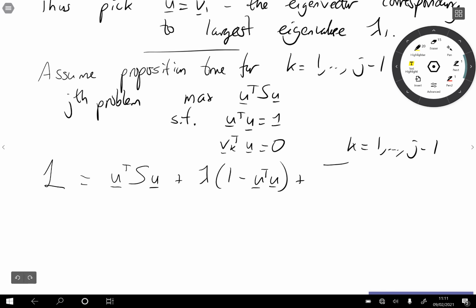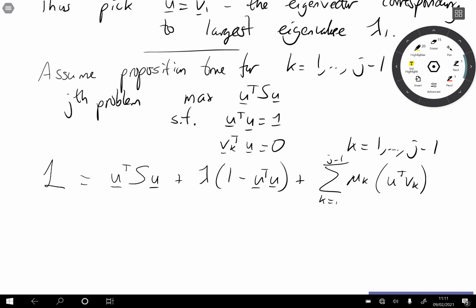So we've got the sum from k equals 1 to j minus 1. Let's call these Lagrangian multipliers mu_k. Okay, and the constraint is u transposed v_k, because we want these to be equal to 0.